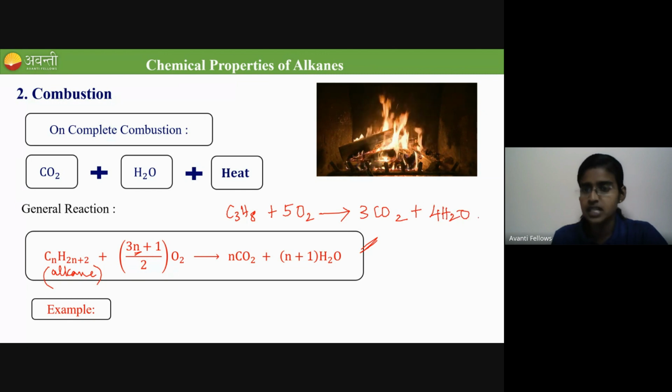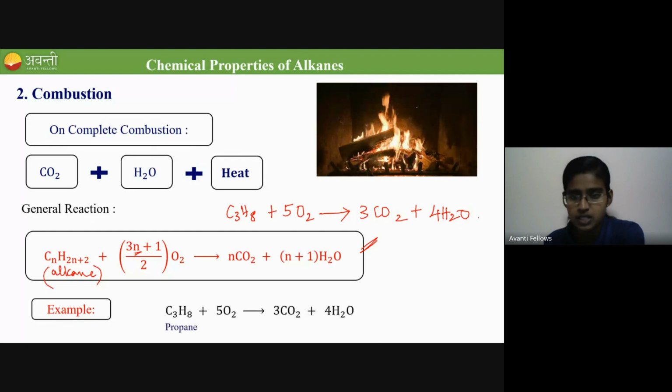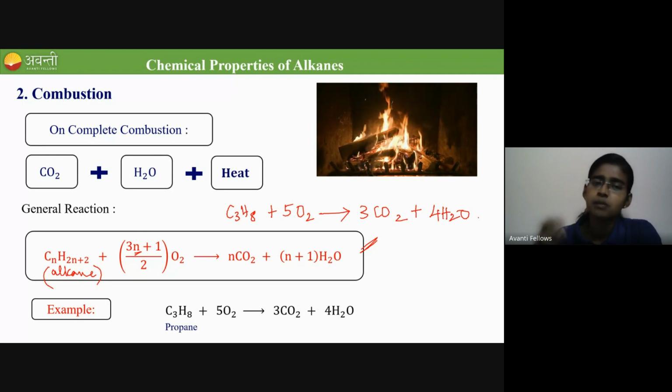If you see any reaction like this for propane, then you can straight away select the option without any doubt that it is an example of complete combustion. Here is the same reaction for you: propane with 5 moles of oxygen gives 3 moles of carbon dioxide and water. Like this, you can check for methane, ethane, butane, pentane, etc.